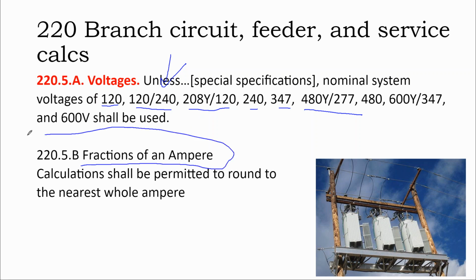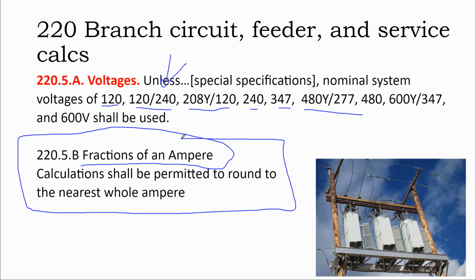Likewise, we're not too concerned about math. The National Electric Code is a cheat sheet for making real engineering calculations. So we're not worried about significant figures or anything like that.